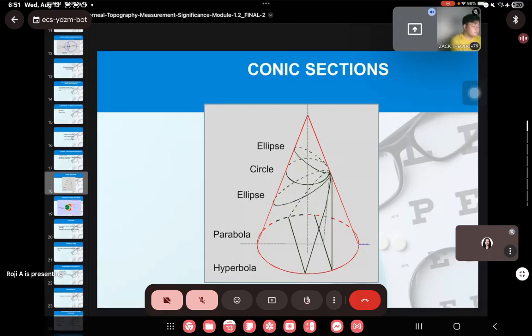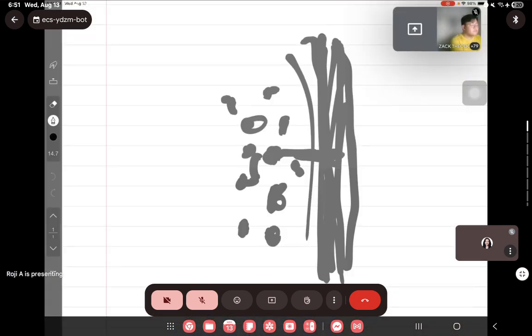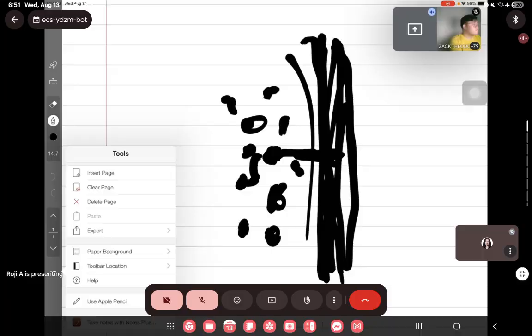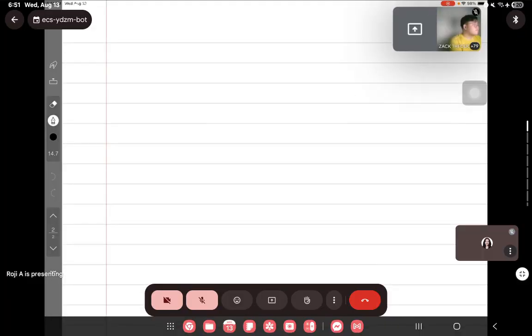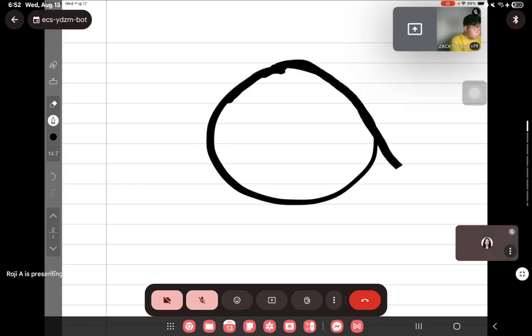How does it work? It's like this. If this is a circle, which is not a perfect circle, but assuming that that's a perfect circle, so your cornea flattens peripherally, correct?